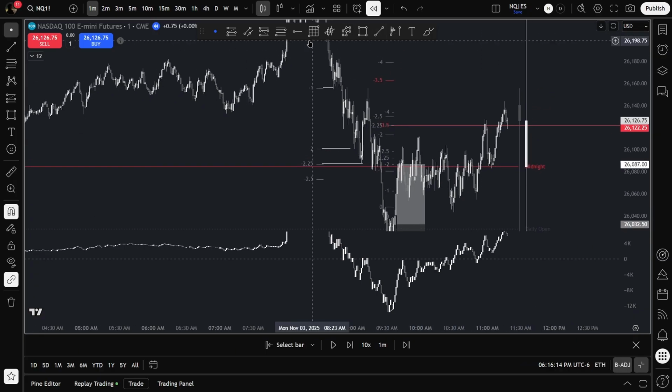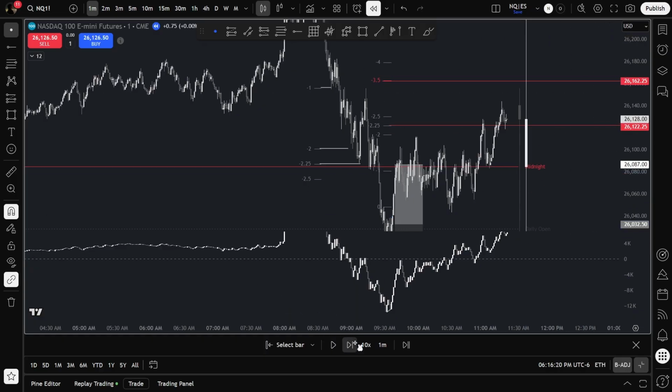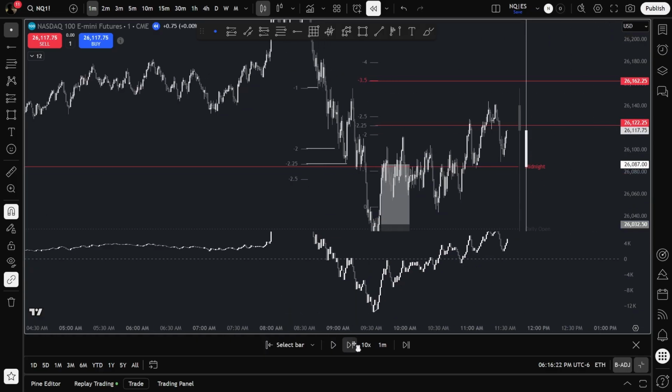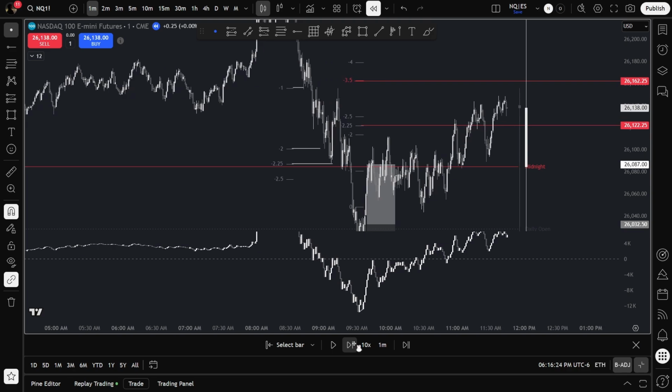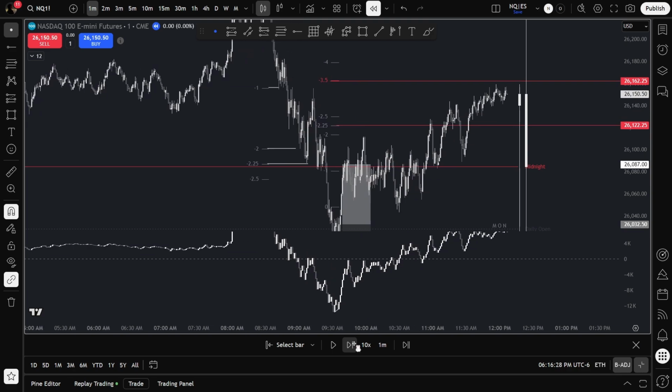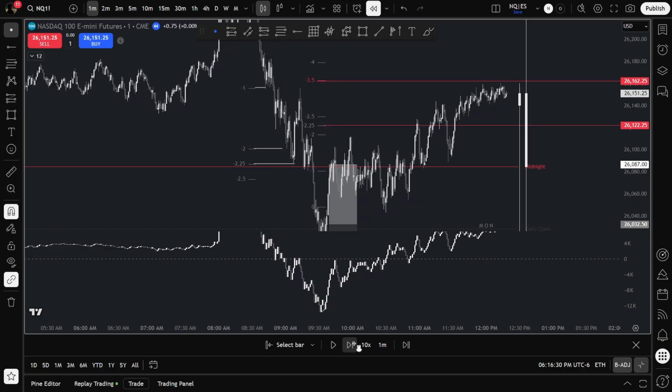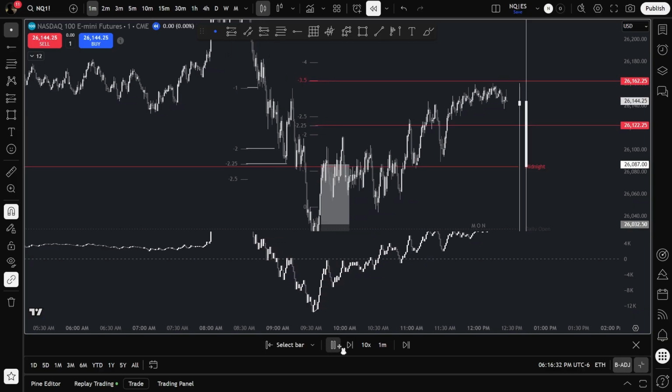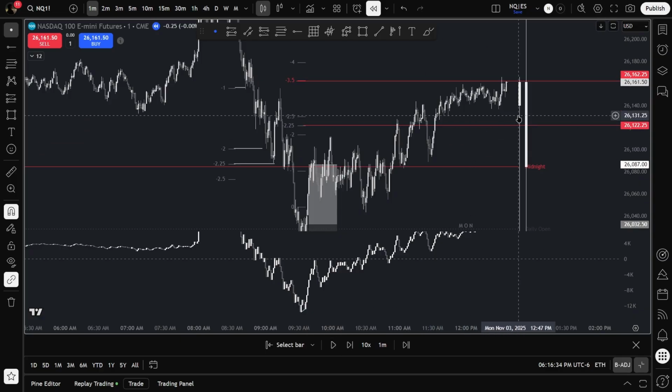And then my next level that I would probably be looking at is this -3.5. I'm just going to delete this projection. But now you're just waiting for it to get tapped again. And let's see if we tap that. It looks like we're about to tap. And boom, we've tapped it.